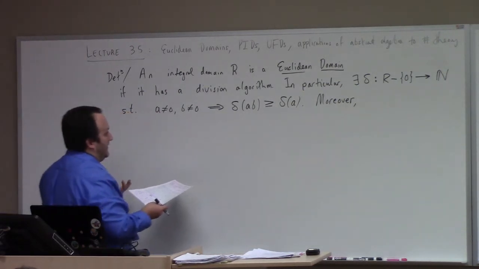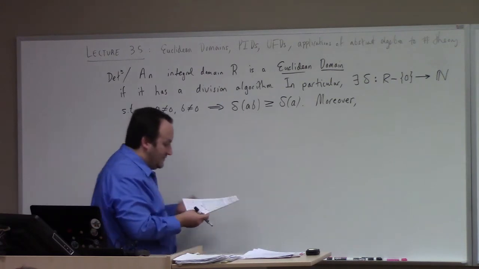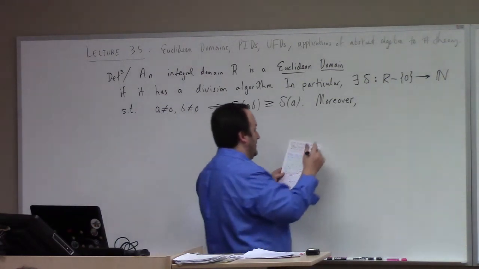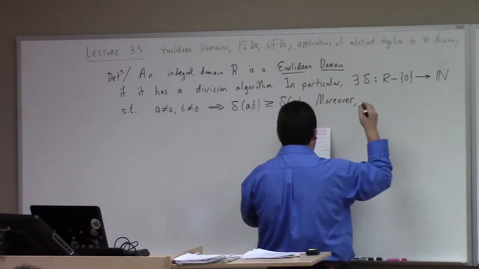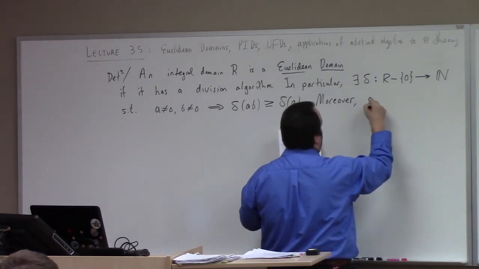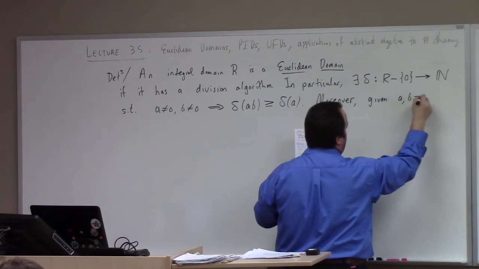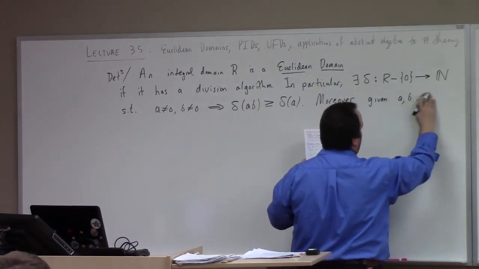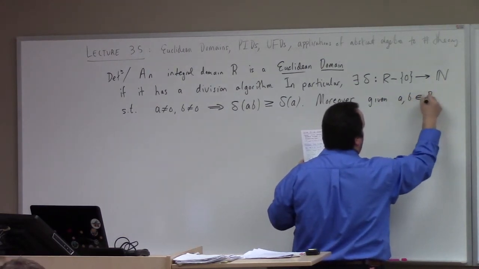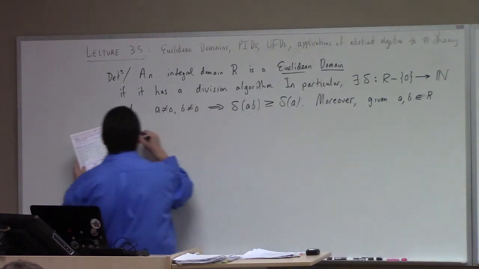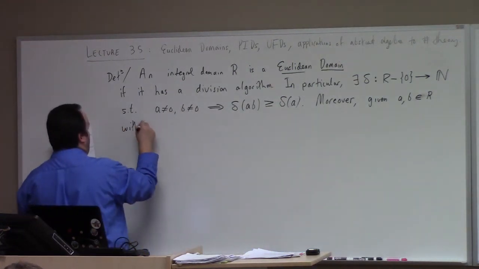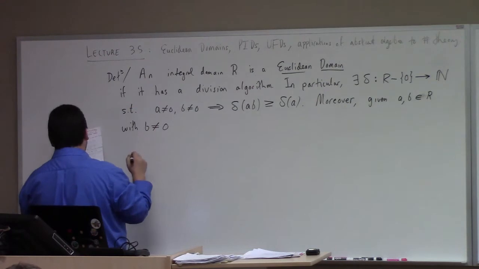So when I say division algorithm, what I'm saying is that you can use the divisor function, in particular, given A and B, well, let's say A and B in the ring with B non-zero, to be more precise, make sure we understand each other.